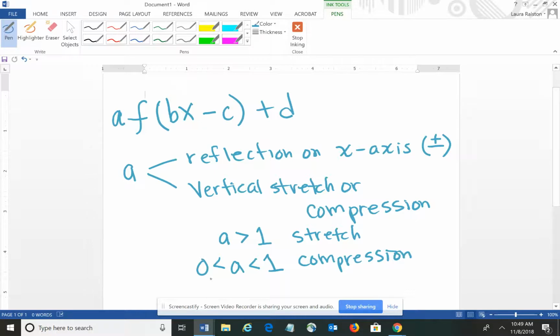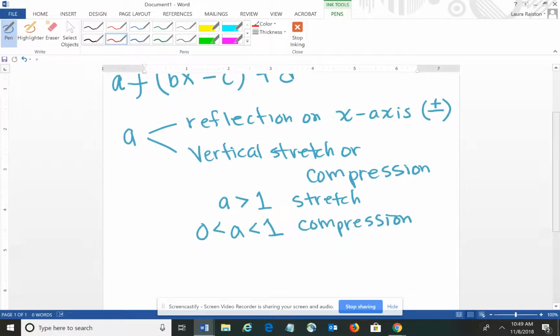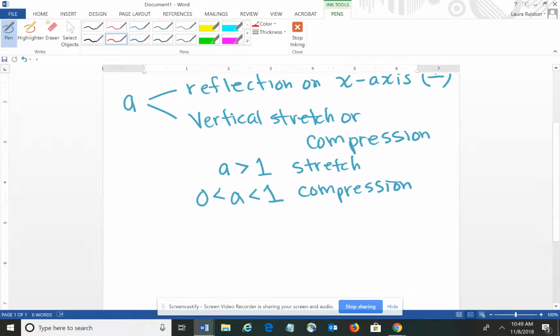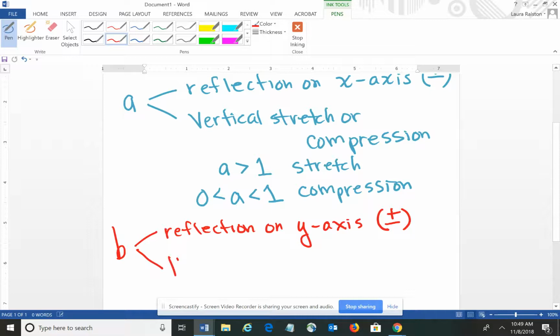The B, let me change colors here. I'm going to scroll down a little bit too. The B tells you whether there's going to be a reflection on the y-axis. And again, that's determined by whether it's positive or negative. Negative causes a reflection. And it also tells you whether there's a horizontal stretch or compression.